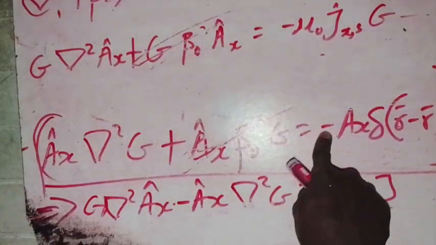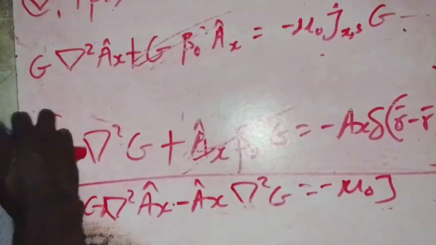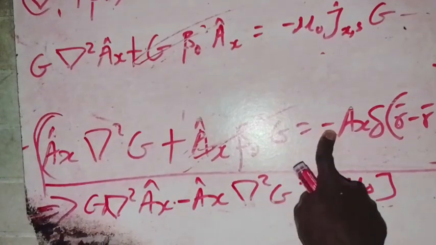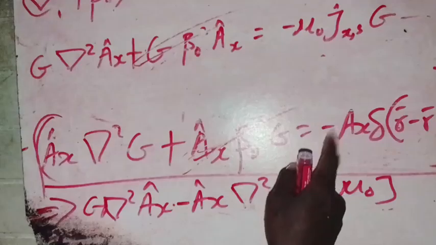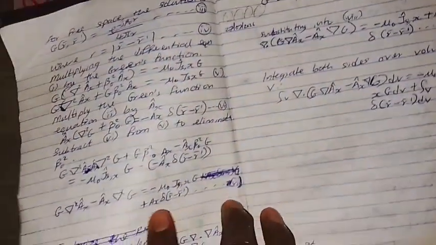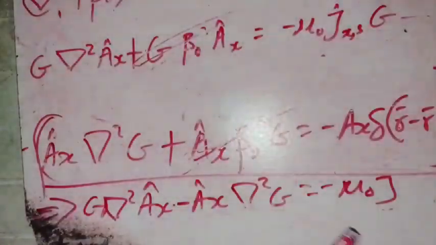Why plus? Because you have a negative sign here, and then another negative sign outside the bracket. So minus minus gives you plus. So here you have a plus sign. Good.